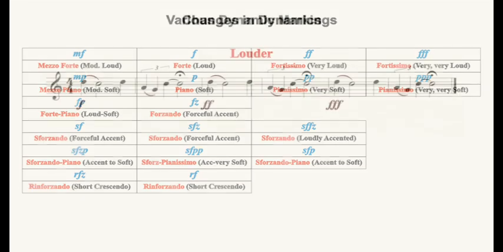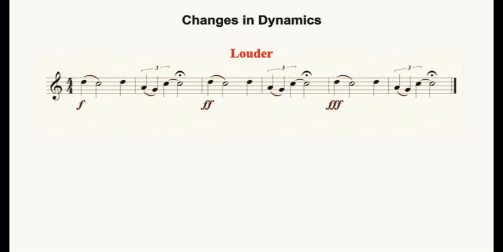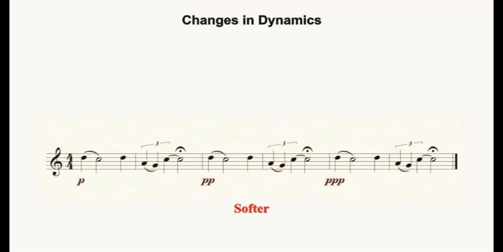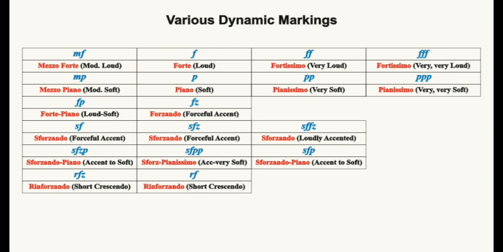For example, the symbols MF and MP stand for mezzo forte and mezzo piano, which means moderately loud and moderately soft, respectively.